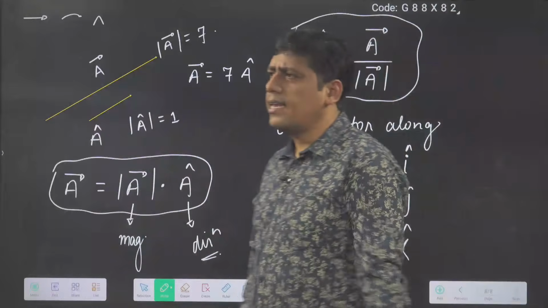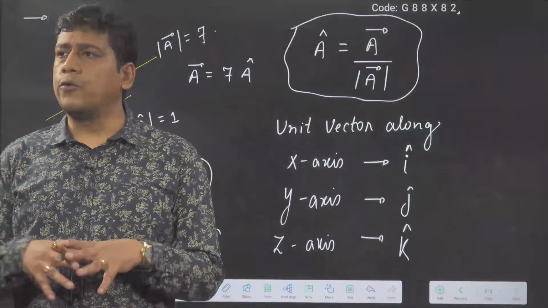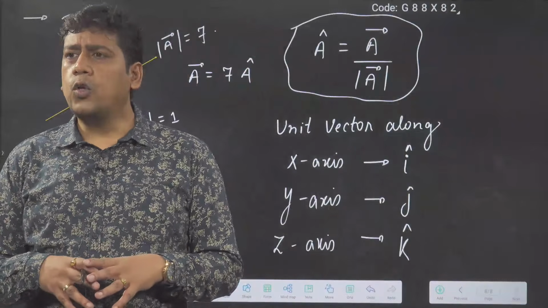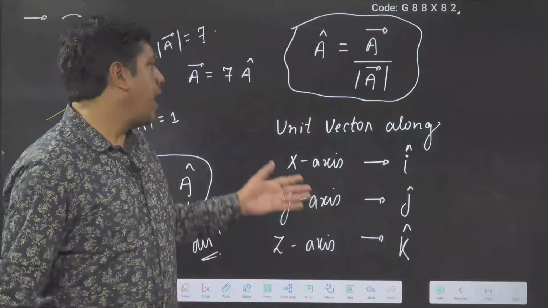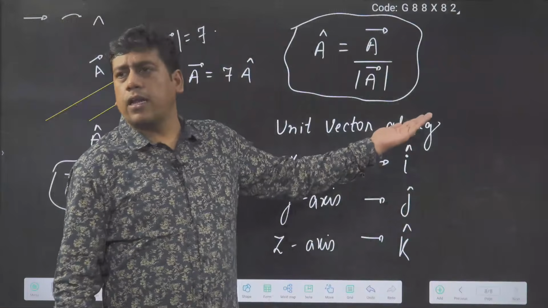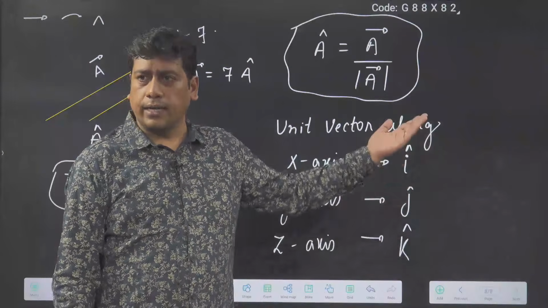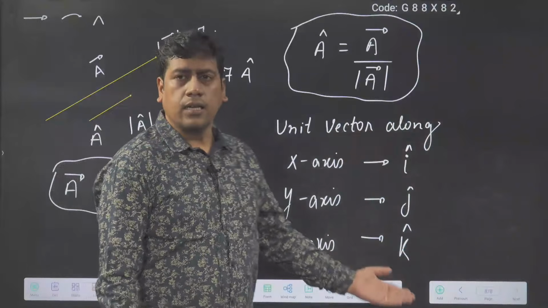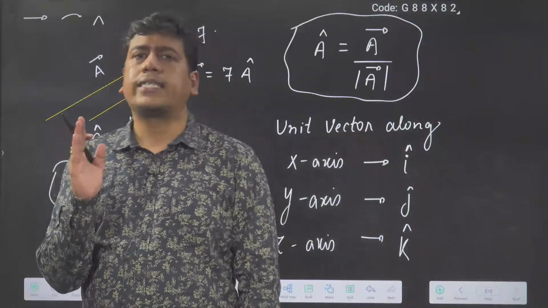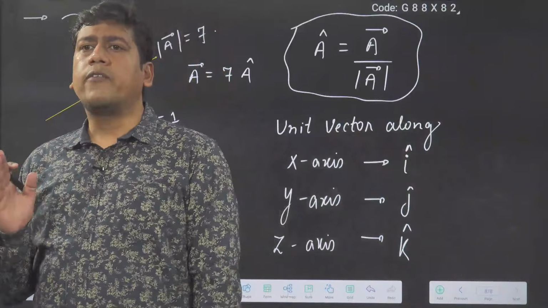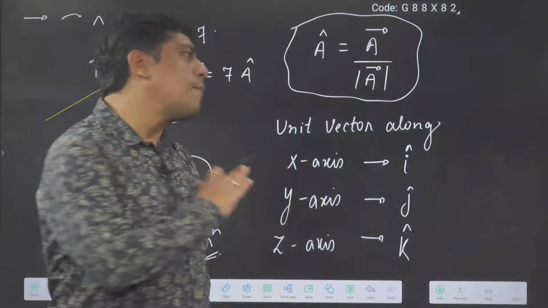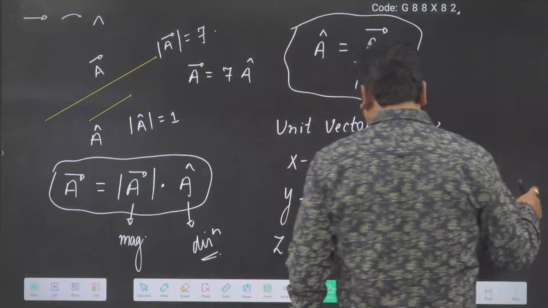We can take any name, but to avoid confusion we will stick to these names. I cap means unit vector along the x-axis, j cap along the y-axis, and k cap along the z-axis.